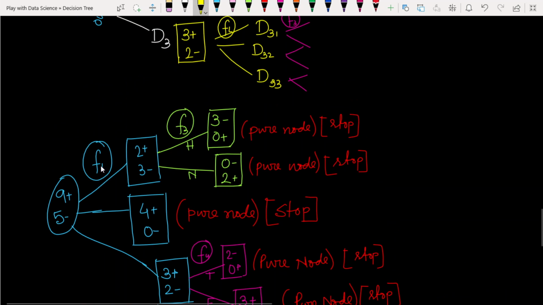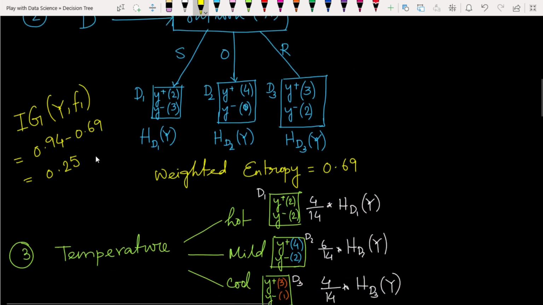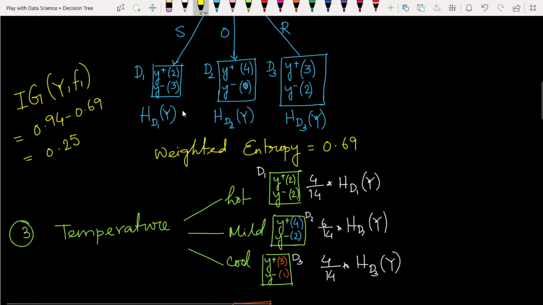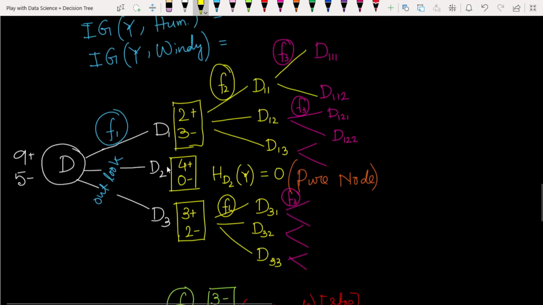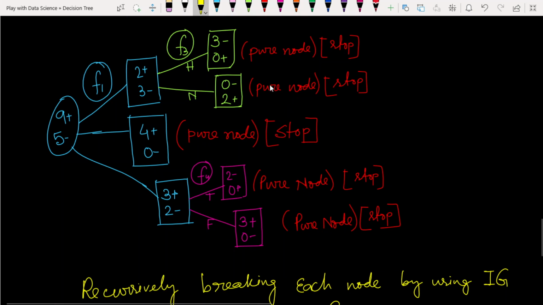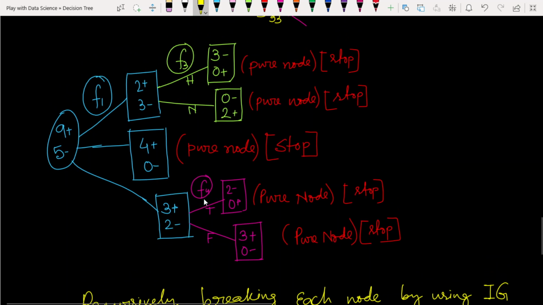First I am using F1 to divide it, because the information gain for the feature F1, as we have seen, is 0.25. Similarly we can easily calculate the information gain for these features, and according to this information gain we can build this tree to reach the pure node as soon as possible.